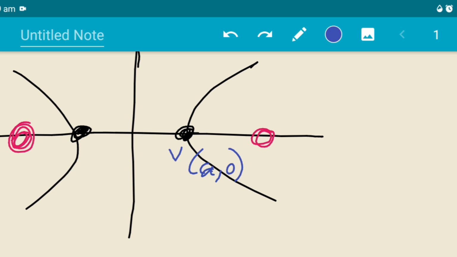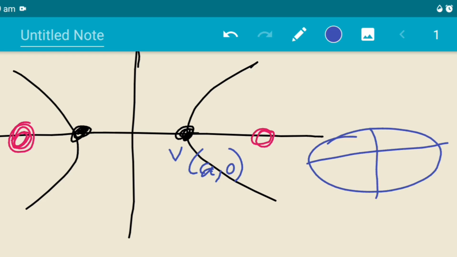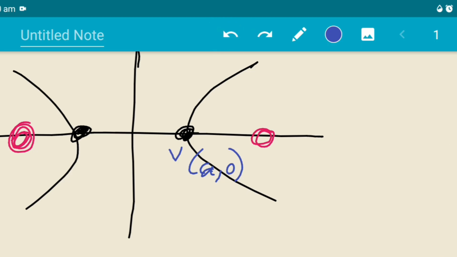Remember what we discussed regarding the ellipse: your A would be along the major axis and your B would be along your minor axis. In a similar way, your A in this case would be from the center up until the vertex. That's your A. So this is positive A, this is negative A, meaning the coordinates for this vertex would be negative a comma 0.